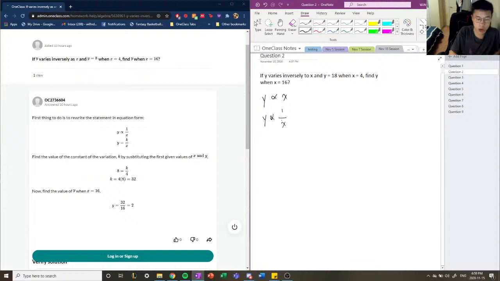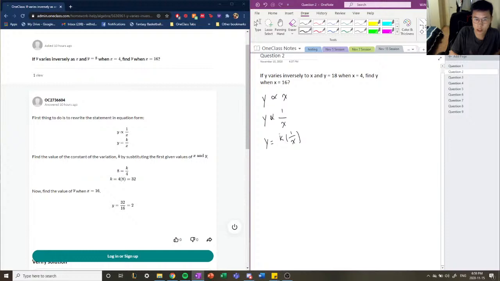And not only is y proportional to 1 over x, we have to consider the fact that there might be a constant involved. So there might be a constant k that's related to y and 1 over x. So then the relationship would actually be y equals k times 1 over x. So we can't just assume that it is a 1-to-1 proportional relation.